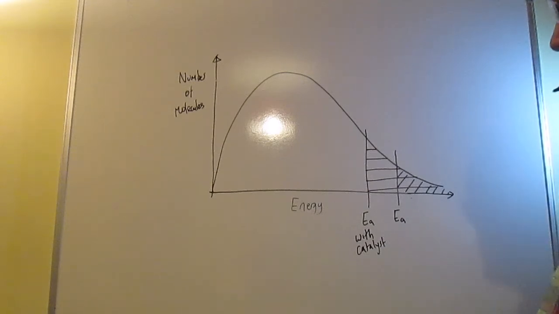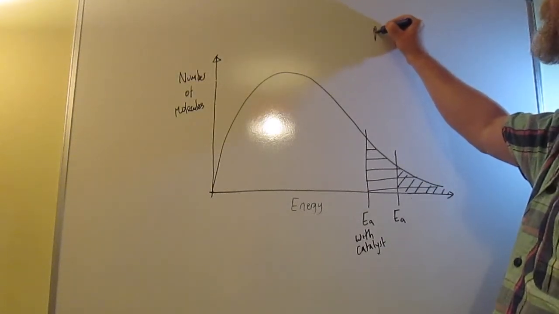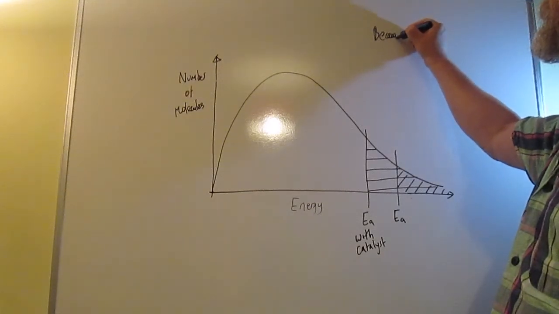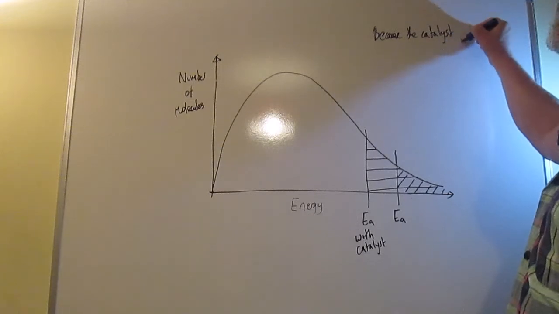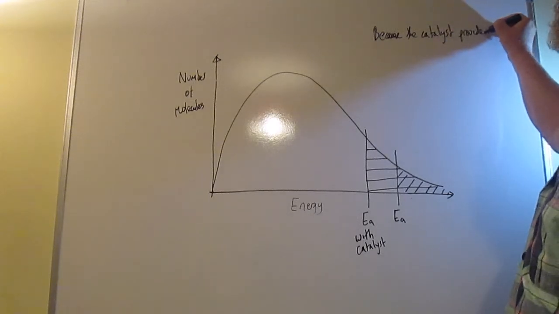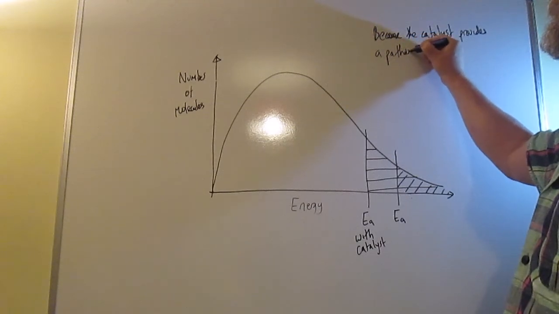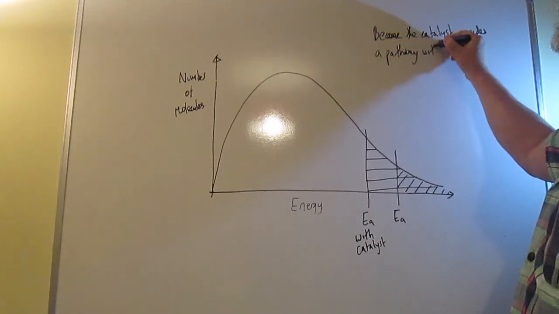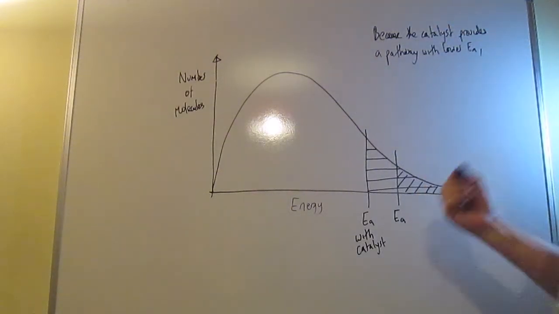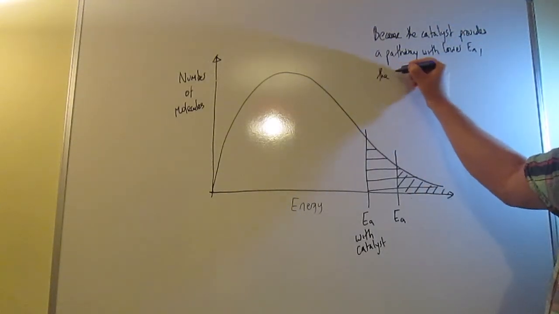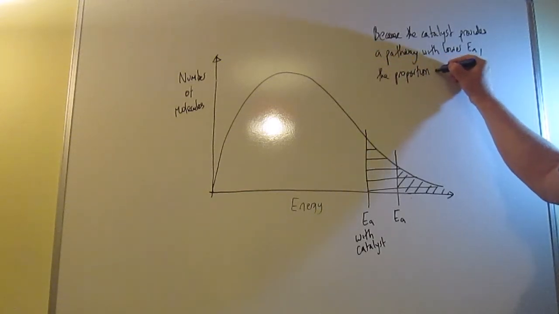So you need to say that because the catalyst provides a pathway with a lower activation energy, the proportion of molecules with enough energy to react when they collide will be greater.